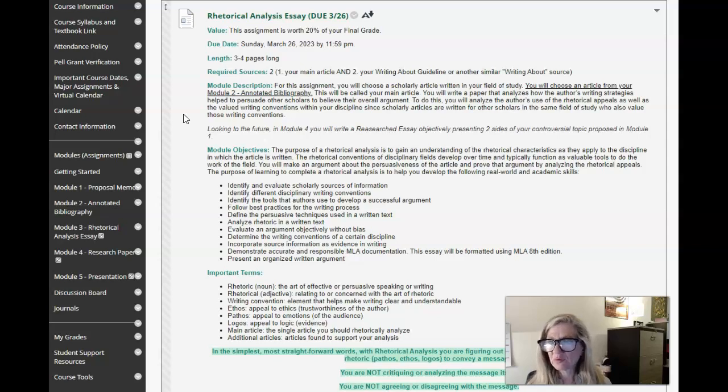Here's where you're going to use that. So that particular writing about guideline is your second source. And what that writing about guideline is going to define for you is what scholars within your field of study value. That way you can make a judgment about whether the rhetorical devices used in your journal article are effective or not. All right.